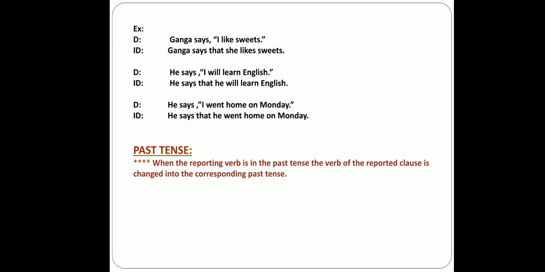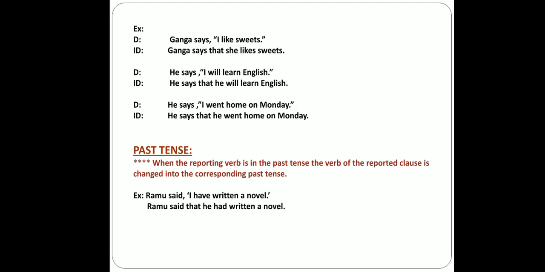For example, Ramu said. The word said is V2 and this sentence is in past tense. Ramu said, "I have written a novel." In indirect speech: Ramu said that he had written a novel.